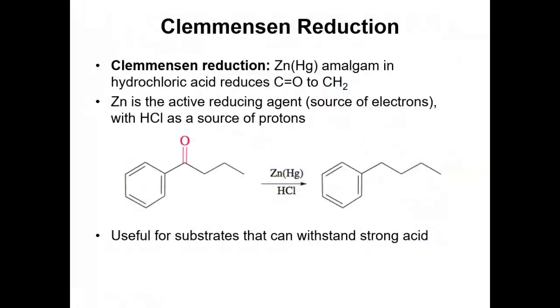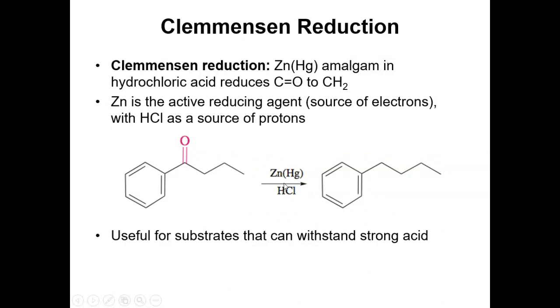There are two reduction reactions we can use. One is to take the ketone and let it react with zinc amalgam. It's basically a zinc-mercury alloy, where you treat the zinc surface with mercury.